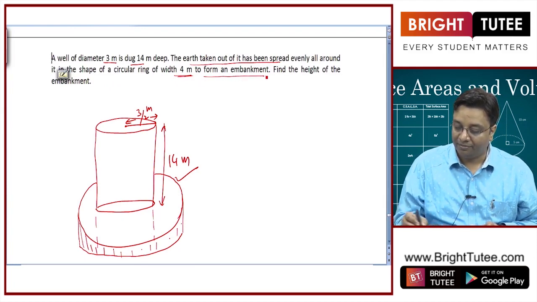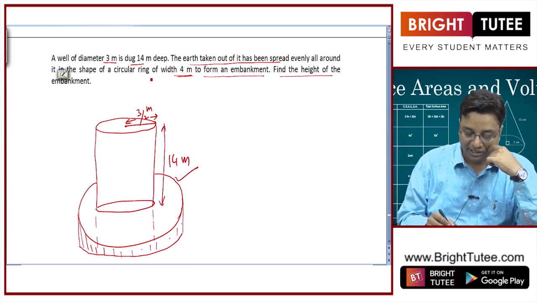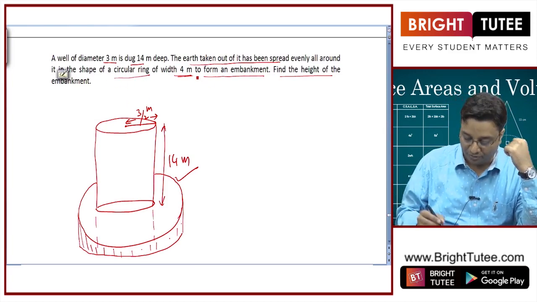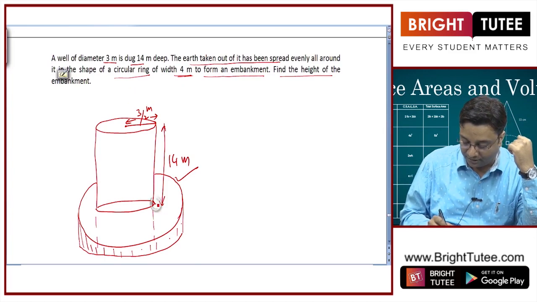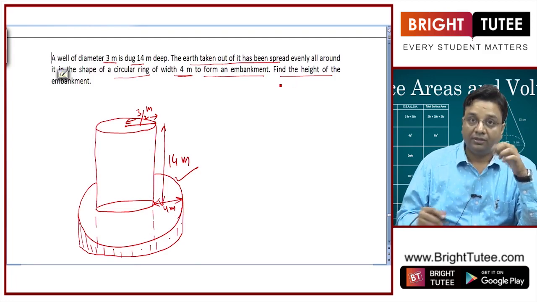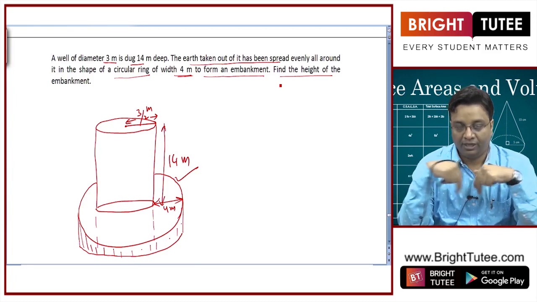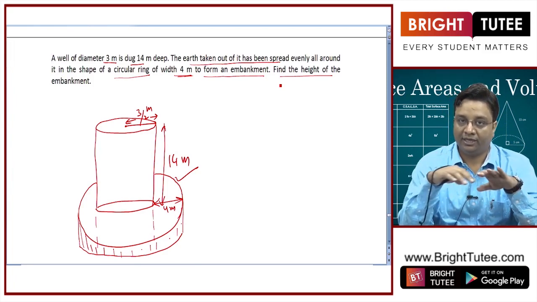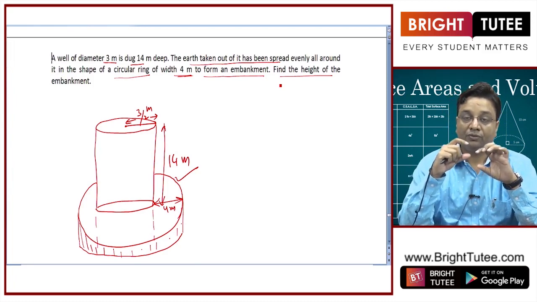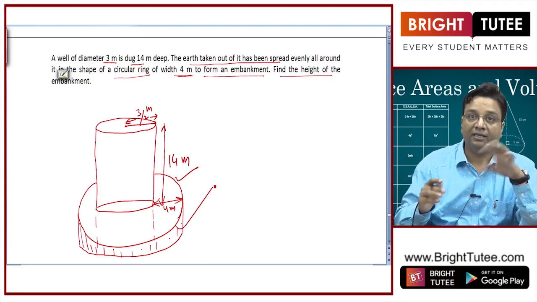To form an embankment, find the height of the embankment. So the circular ring has a width of 4 meter. So this width here up to this is 4 meter, right? Now the earth that is being taken out from this well is being spread around it to form a circular ring.